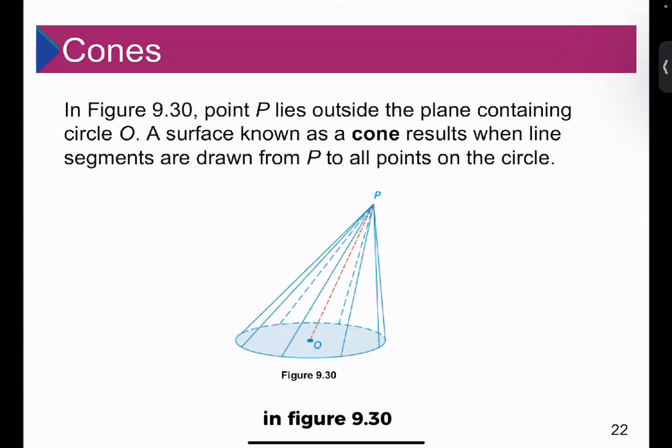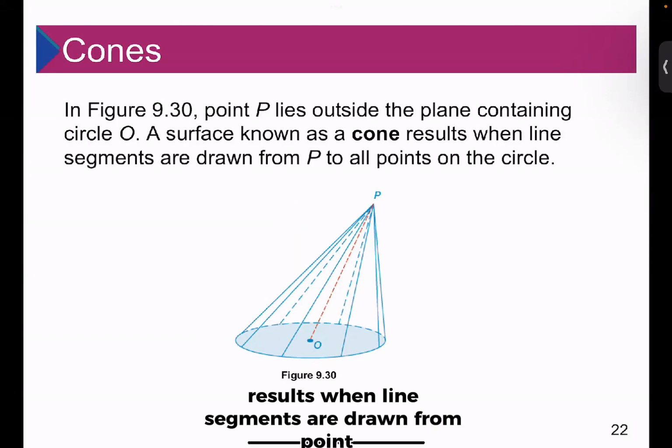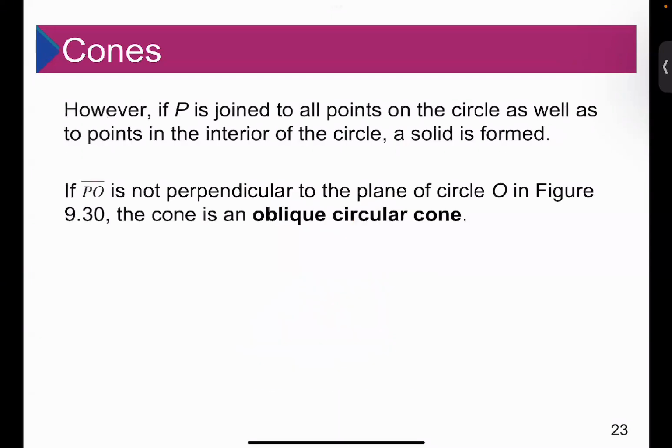In figure 9.30, point P lies outside the plane containing the circle O. A surface known as a cone results when line segments are drawn from point P to all points on the circle. However, if P is joined to all points on the circle as well as to the points in the interior of the circle, a solid is formed.